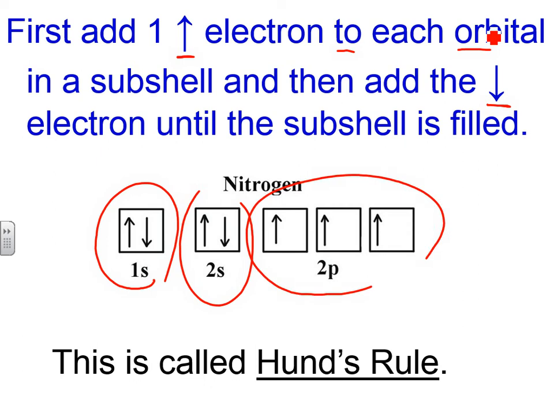So it'll be incorrect to do it like this, 1, 2, 3 would be incorrect. You actually have to fill all the up electrons first. Now, this is called Hund's rule, and it's an important rule that was discovered, and this is true for elements. We can actually experimentally verify that all the up electrons are placed in first, and then the down electrons are filled.